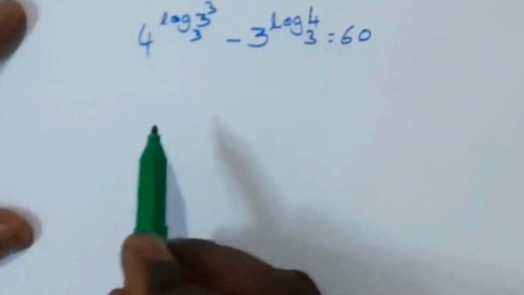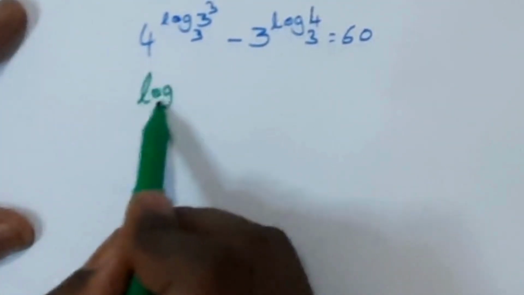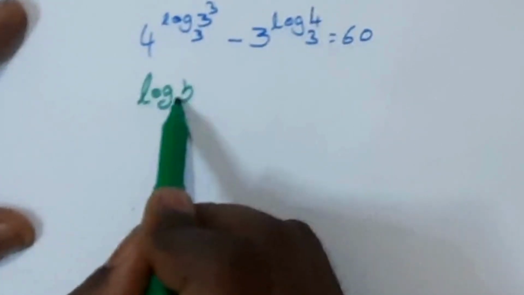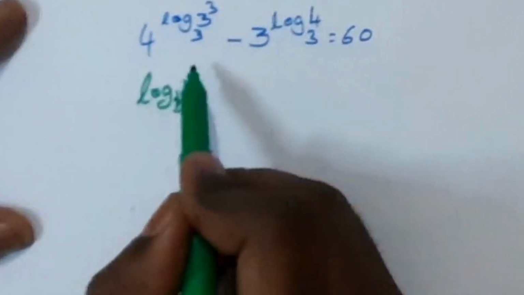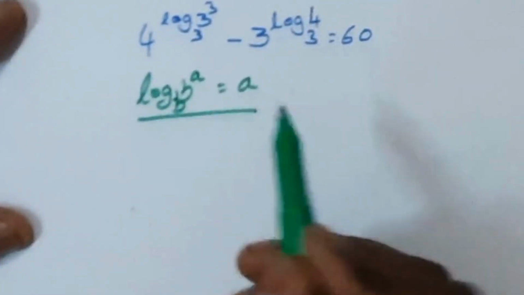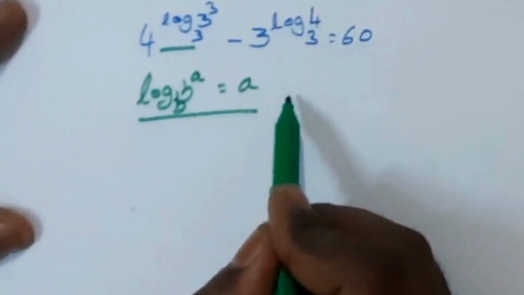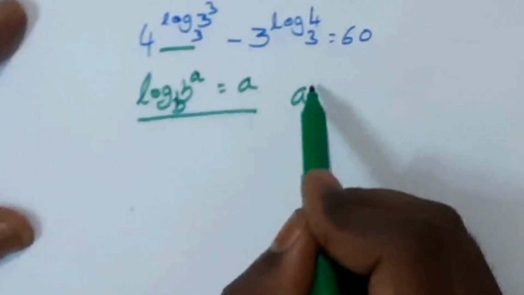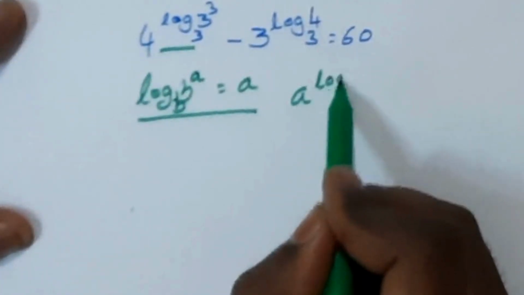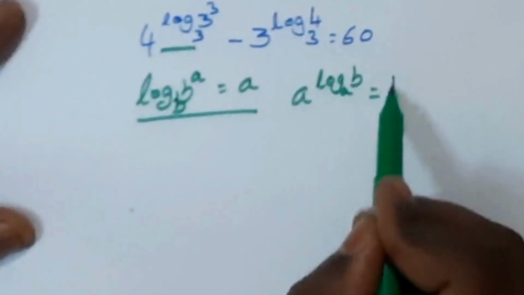We are going to apply two formulas here. Log b base b and power a equal to a. This formula we are going to apply here, and the other formula will be a power log b base a equal to b.